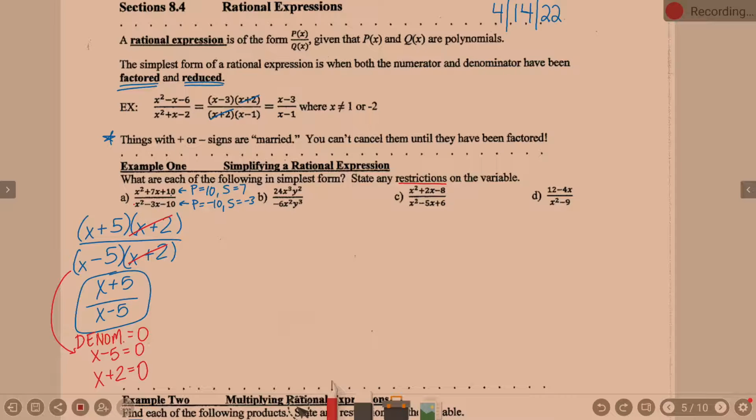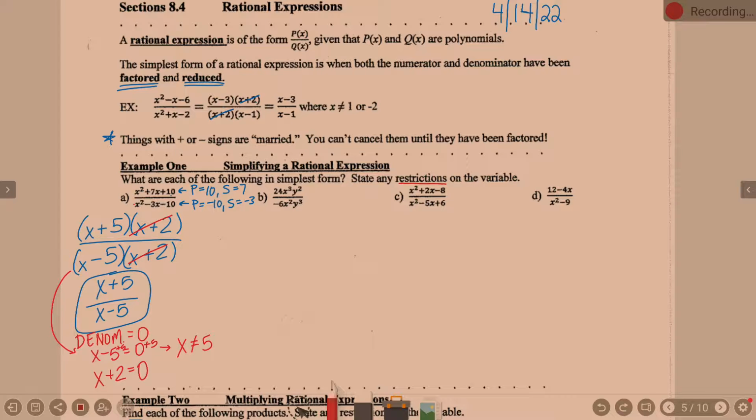If it's x minus 5, you add 5. And so that one's going to be, I'm going to say x equals 5, but really what it means is x cannot equal 5.